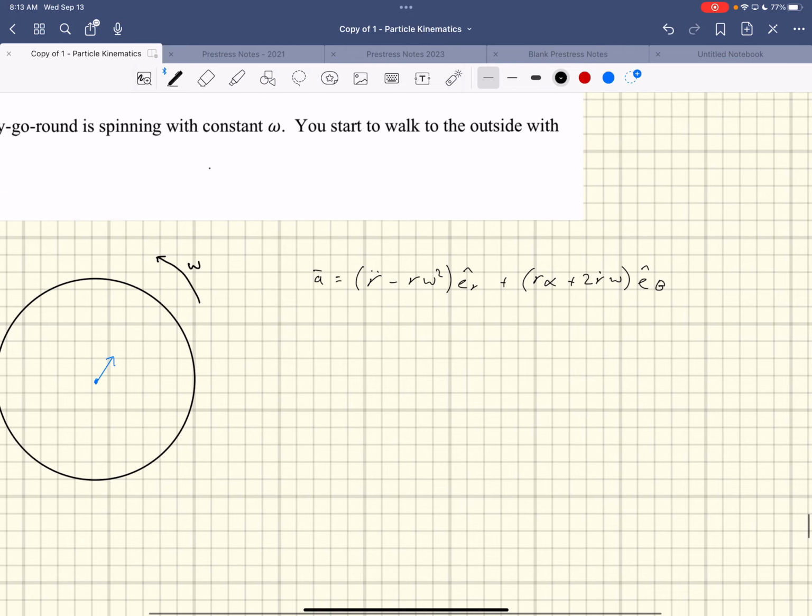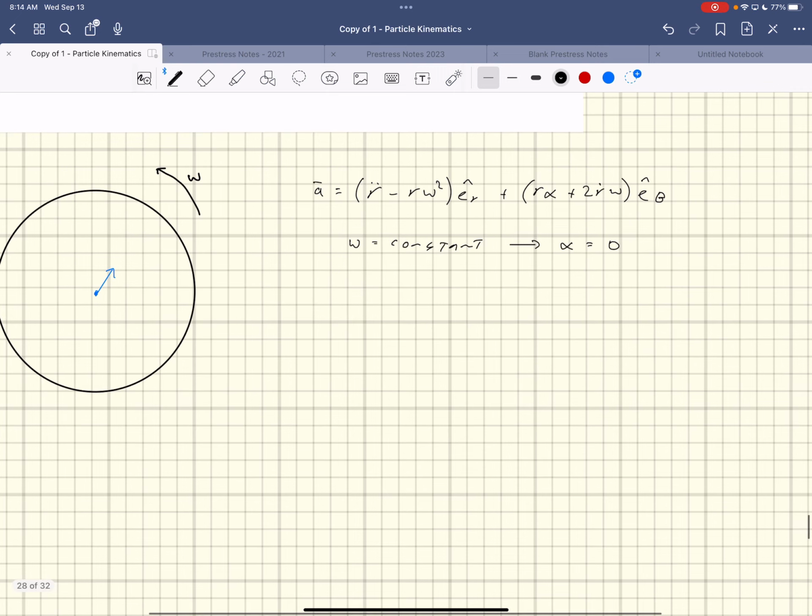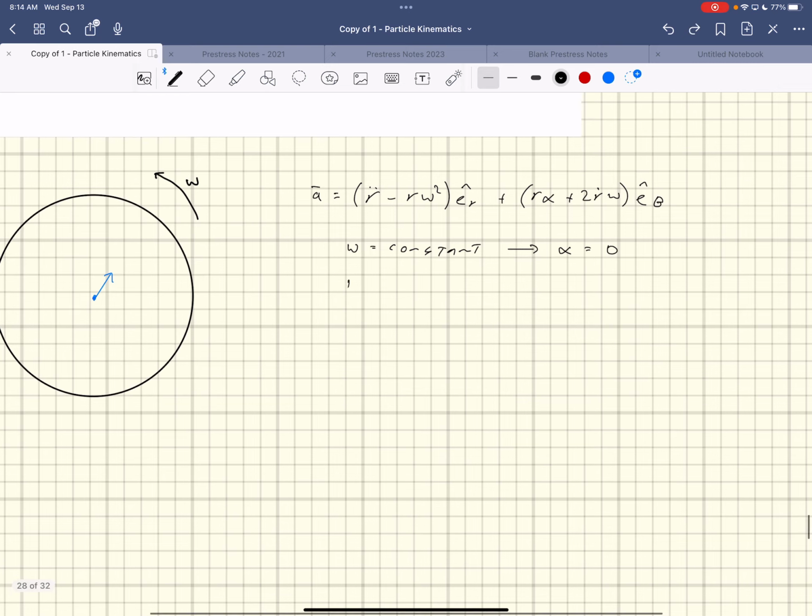In the problem statement, it says omega is constant. If omega is constant, what does it tell us about alpha? Zero, right? Alpha is the time rate of change of the angular velocity, so alpha is going to be equal to 0. And also r dot is a constant.